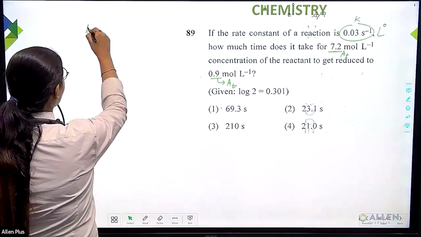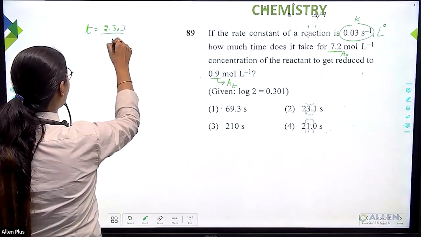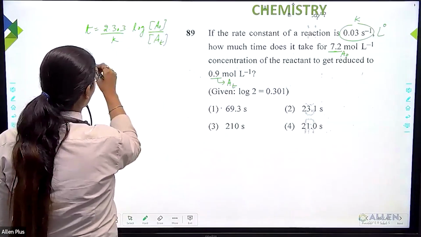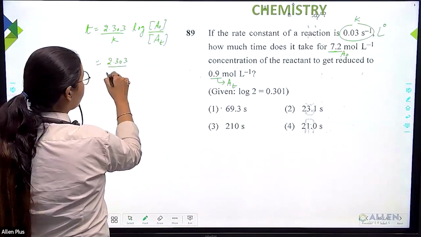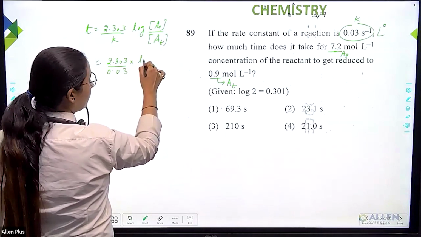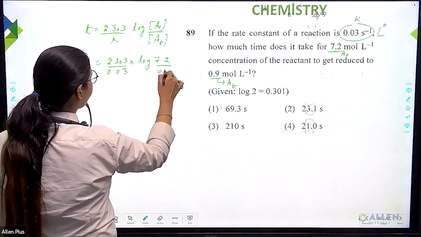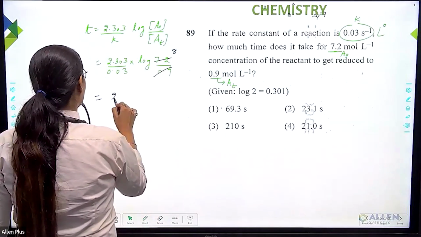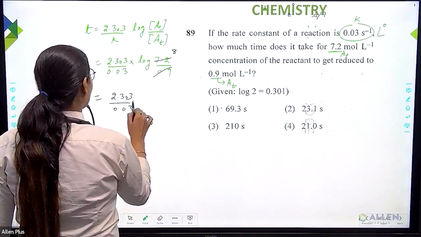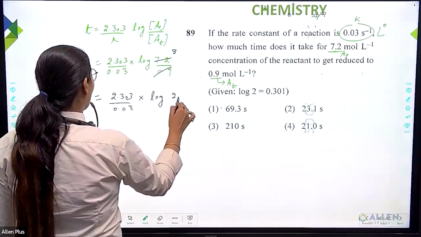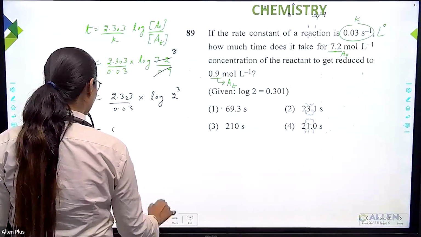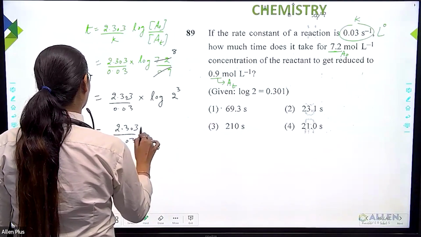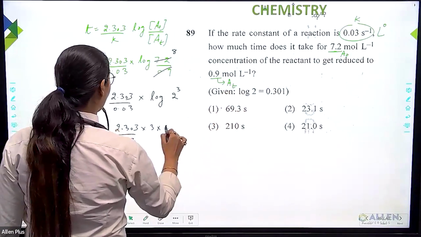What formula will I use? t is equal to 2.303 by k, log of initial concentration by concentration left at time t. Let's substitute values. What's k? 0.03. Initial is 9, left is 1, so 9 by 1 is 9, so 9 8s are 72. Log 8, students, I can write as log of 2 cube. Bring 3 in front. Log 2 value they have given 0.3.